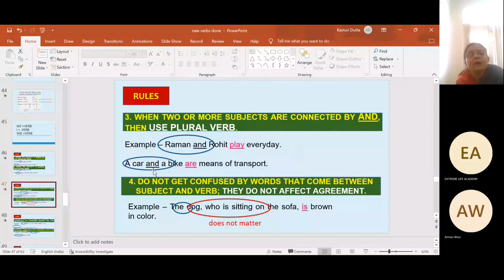Why is the screen not shared? I cannot see. Okay, one minute, the screen vanished. Now it is okay? Yeah. A car and a bike. If I say a car, I cannot say "are"; I have to say "a car is". "A car are" is wrong. A car is a means of transport. But a car and a bike, so that is why "are".